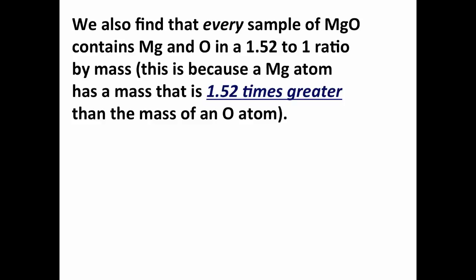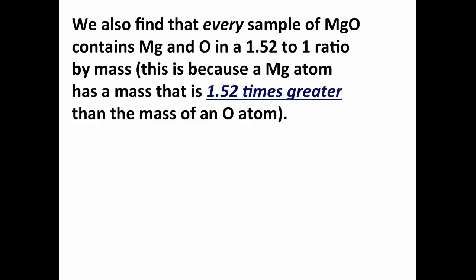We also find if we burned a larger piece of magnesium, it would react with more oxygen, and the compound that's formed, we'd make more magnesium oxide. But any sample of magnesium oxide always ends up containing oxygen and magnesium in a 1.52 grams of magnesium to 1 gram of oxygen ratio by mass, or this is true in whatever mass units you use.